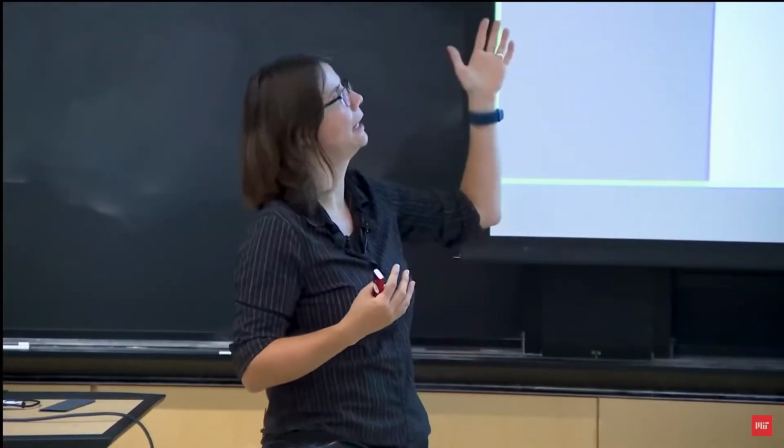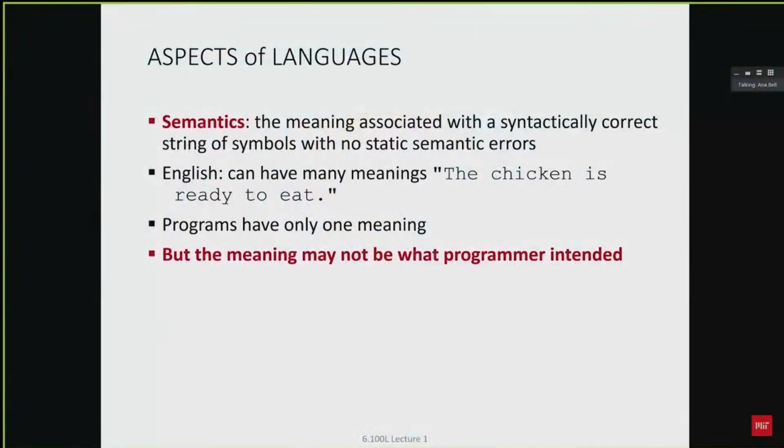So far we've been able to find really nice parallels between the English language and the programming languages, but this is where things break down when we talk about the semantics of a language. In English, you can have many different meanings. "The chicken is ready to eat" means let's eat this chicken, or it means the chicken wants to eat something. In programming languages, there are no multiple meanings to a program that you write.